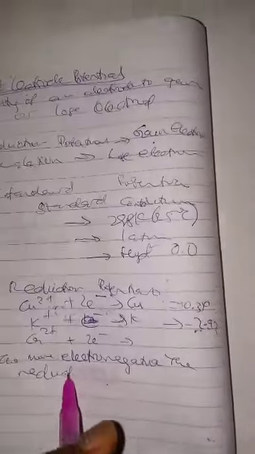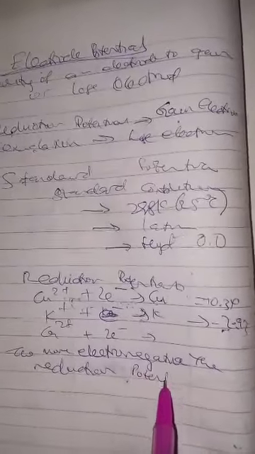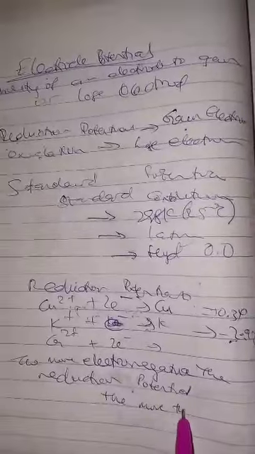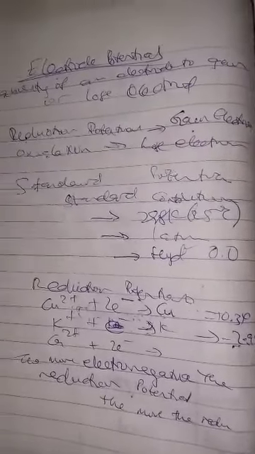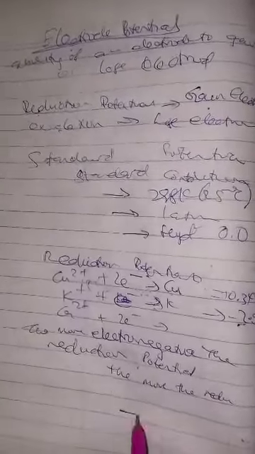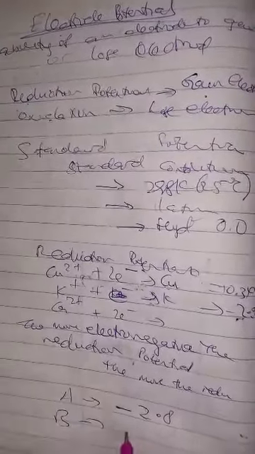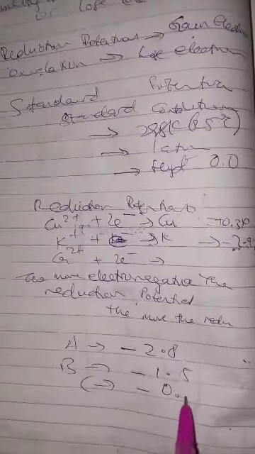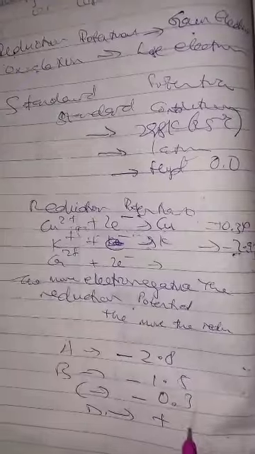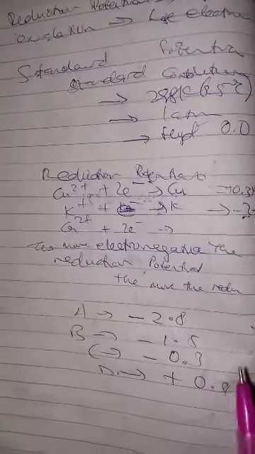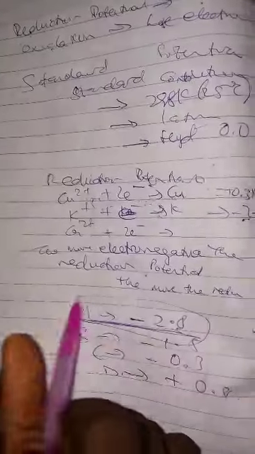So if they give you the reduction potential of something: A minus 2.8, B minus 1.5, C minus 0.3, then D plus 0. They said which one will be the strongest reducing agent? What will be your answer? Minus 2.8.